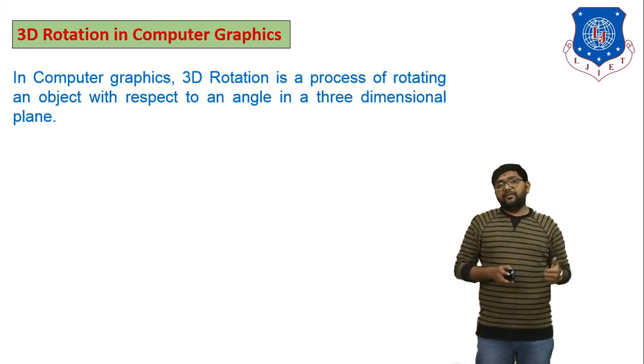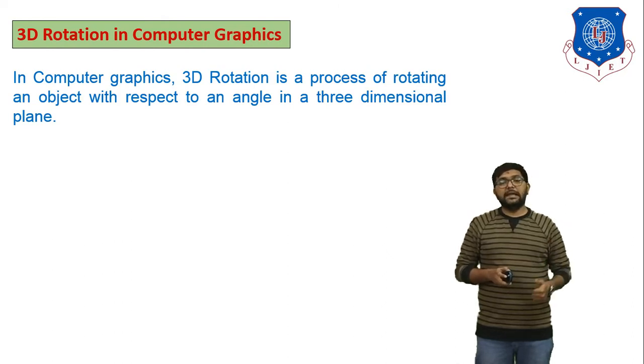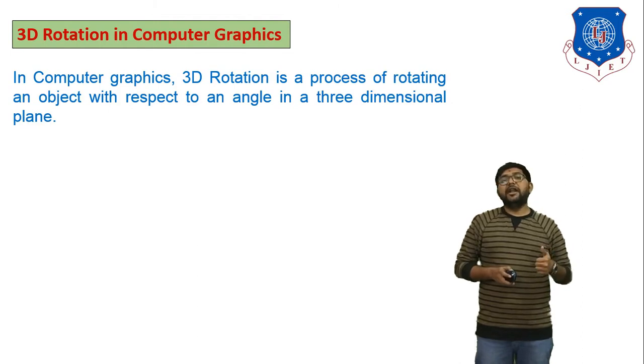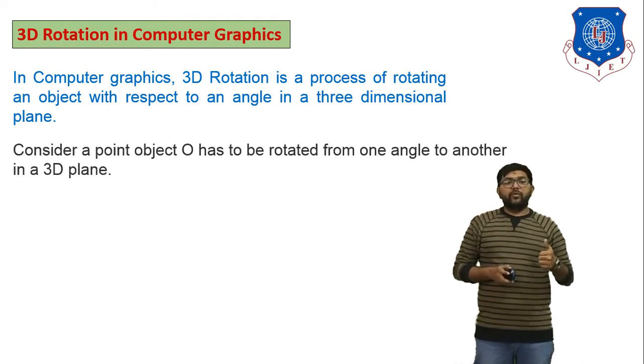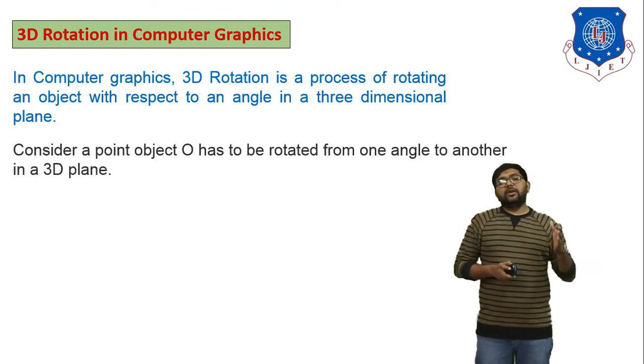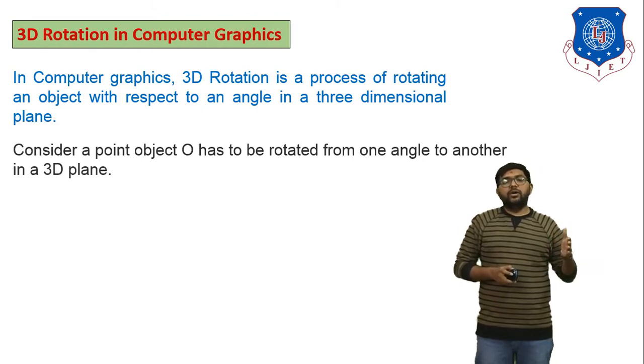In computer graphics, 3D rotation is a process of rotating an object through an angle in three-dimensional space. Consider a point of object O that has to be rotated from one angle to another in the 3D plane.